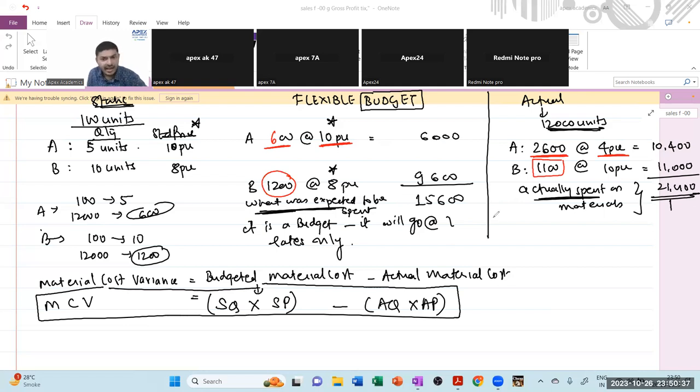Then you will say, I expected you to do it at 8 per unit. What have you done it in 10 per unit? I'm not happy. So there are pitfalls everywhere. Sometimes your units are going in your favor and the price is not going in your favor. But sometimes the price is going in your favor, but the units are not going in your favor. Well, this becomes a difficult aspect.